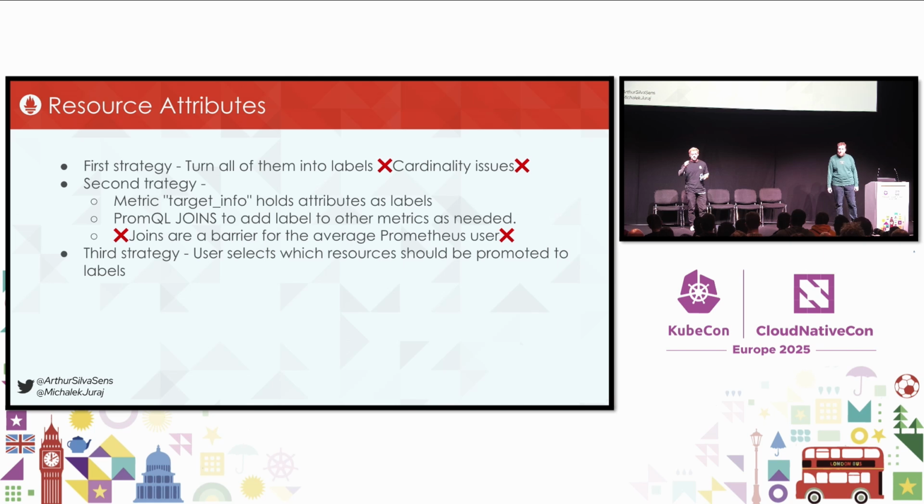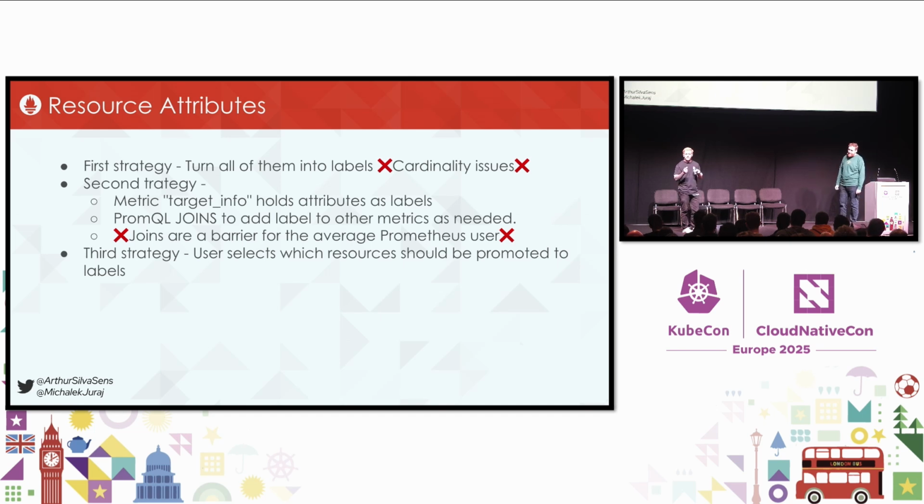Because if you change the resource attributes, if let's say I'm a platform engineer and I provide Prometheus as a service to my developer teams, and my developer says, I don't like this resource attributes anymore, I want a new one. So you change the configuration file, you need to restart Prometheus, and we change the time series ID, let's say.